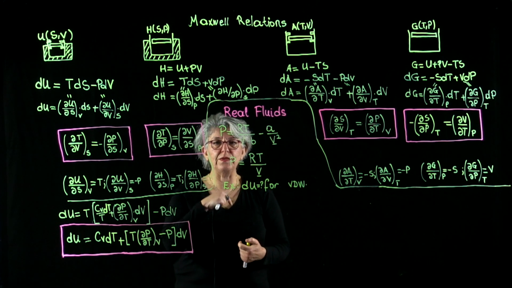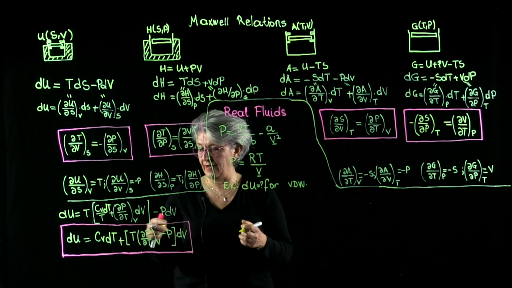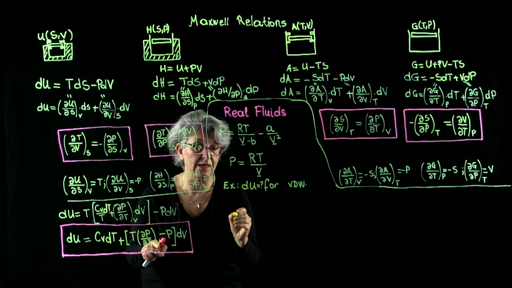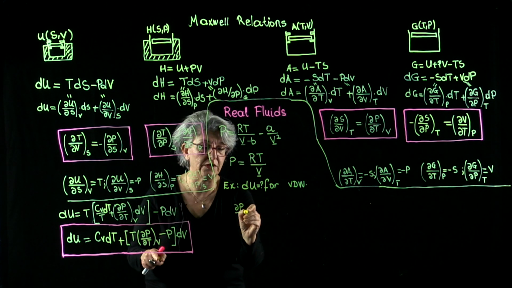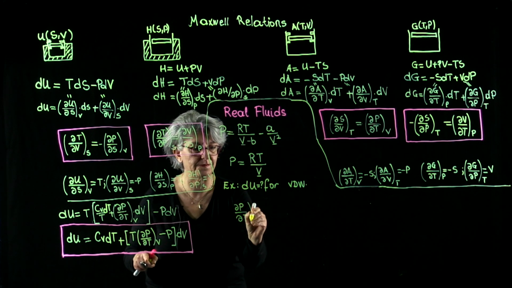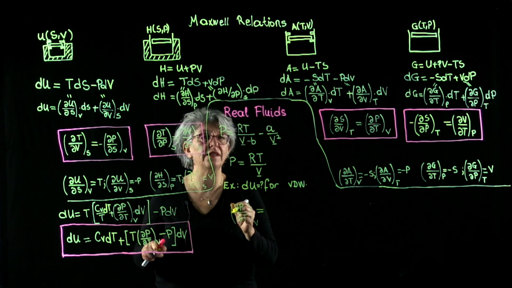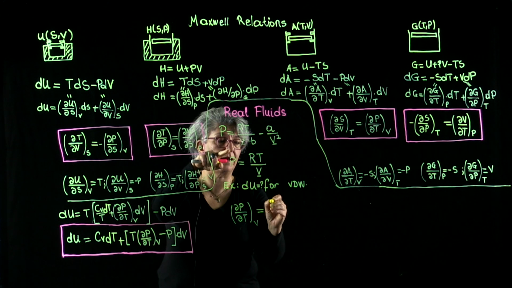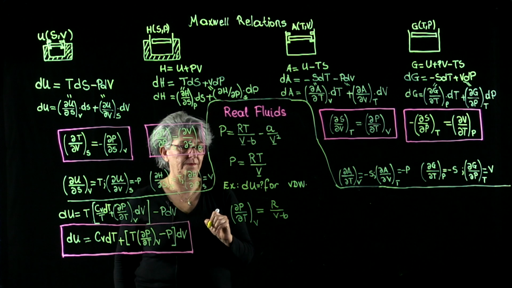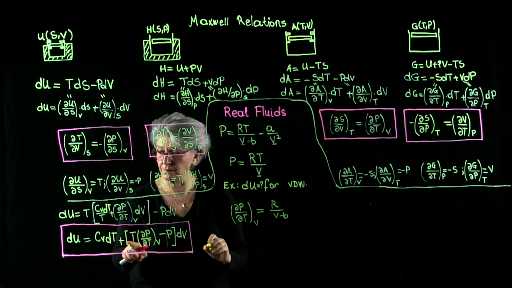Now I'm going to do the same analysis for the van der Waals equation of state. Again, I have to find out del P over del T at constant V. Del P over del T at constant V for van der Waals equation of state is R over V minus B. V is constant, this term dropped out.